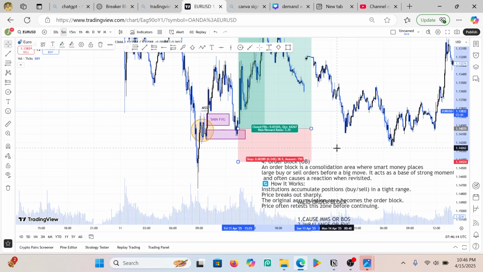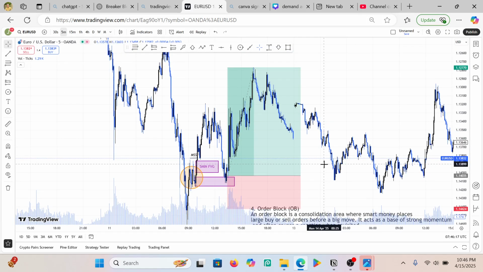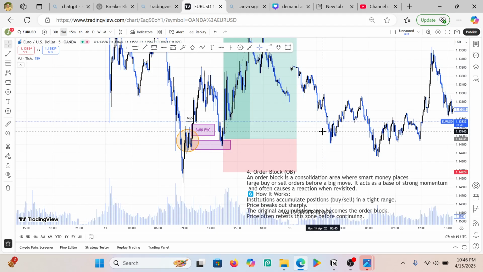This is a risk to reward of 1 to 3. That's how you're supposed to identify an order block in the market.